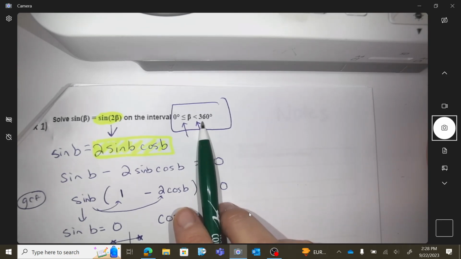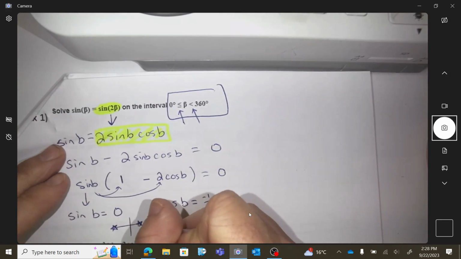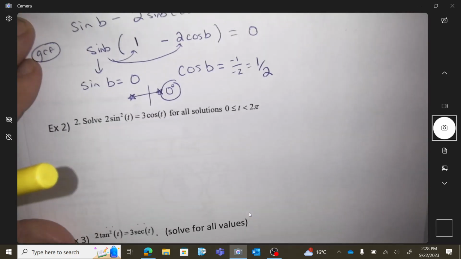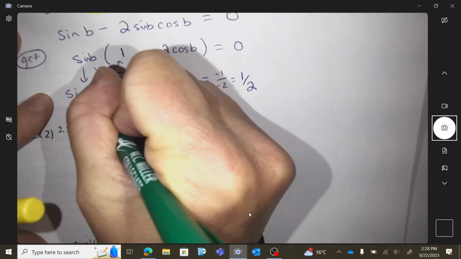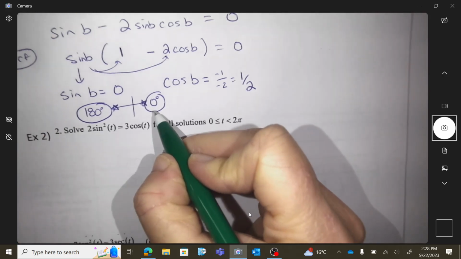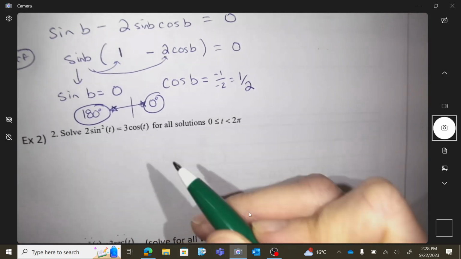No, because you have to be less than 360. So we could have 0 degrees as an answer. We could have 180 degrees as an answer. And then this could have been 360, but we're not allowed to answer 360 just because of the question.